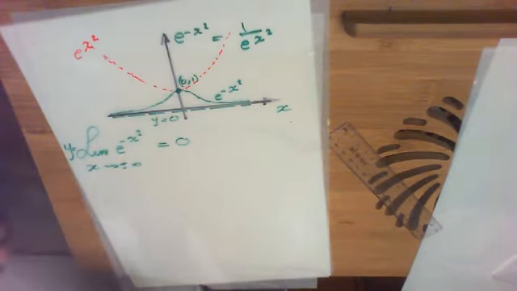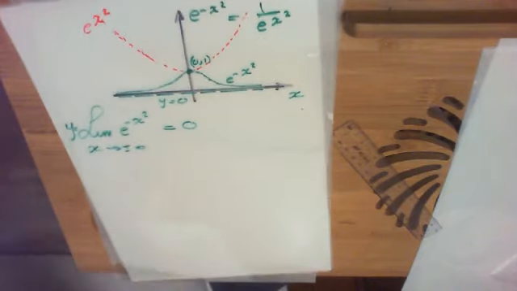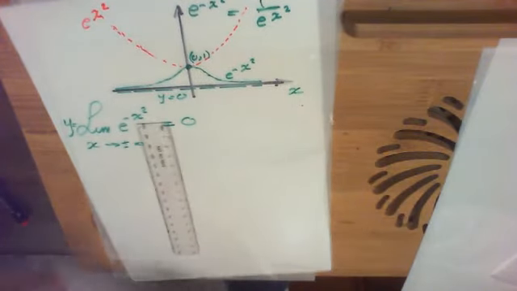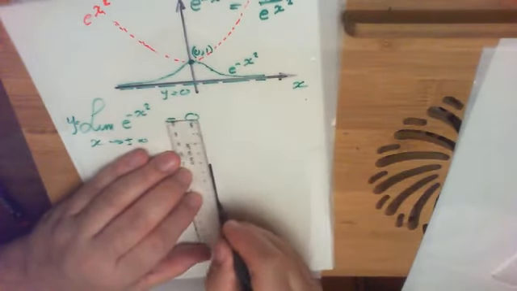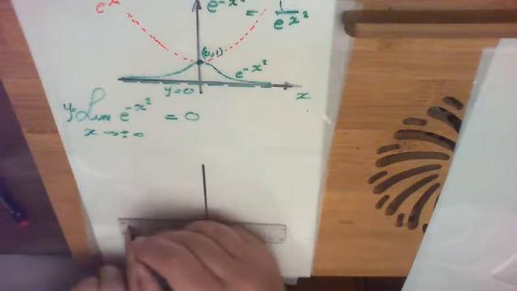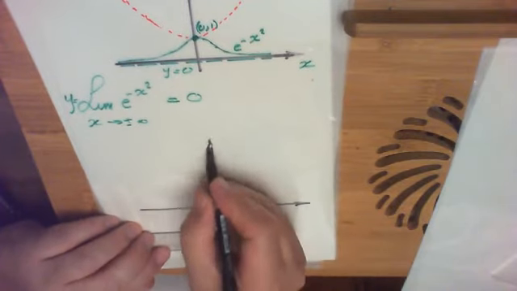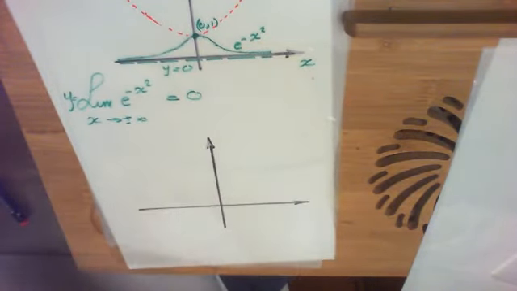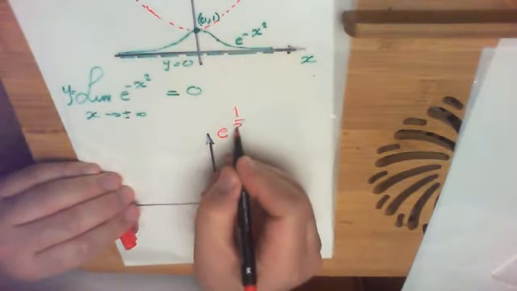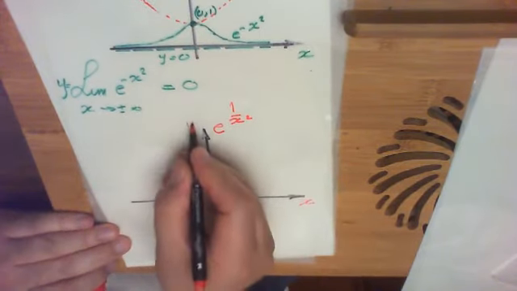We want to draw e to 1 over x squared. Okay, this is x, this is y.